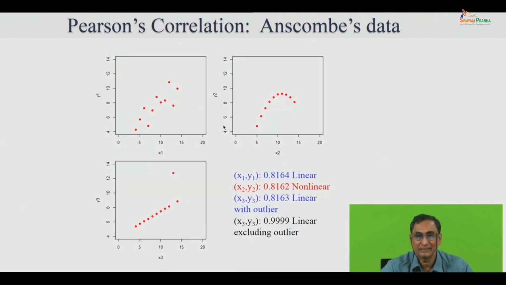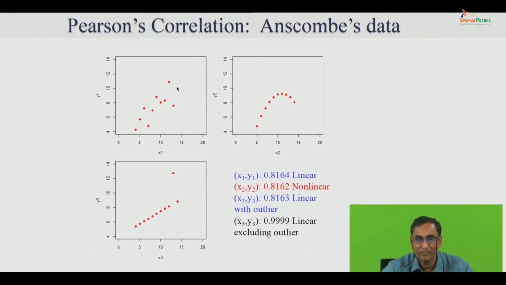This is a very famous data set called the Anscombe's data set. Here there are 4 data sets, and I have only shown 3 of them. Each of them contains exactly 11 data points corresponding to xi and yi. These points have been carefully selected. In the first one, if you plot the scatter plot, you will see that there seems to be a linear relationship between y and x.